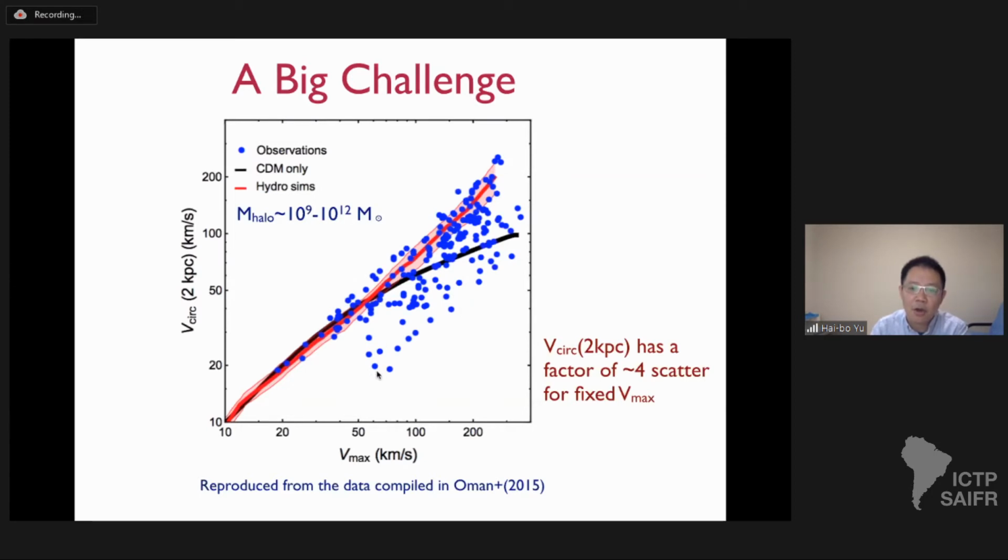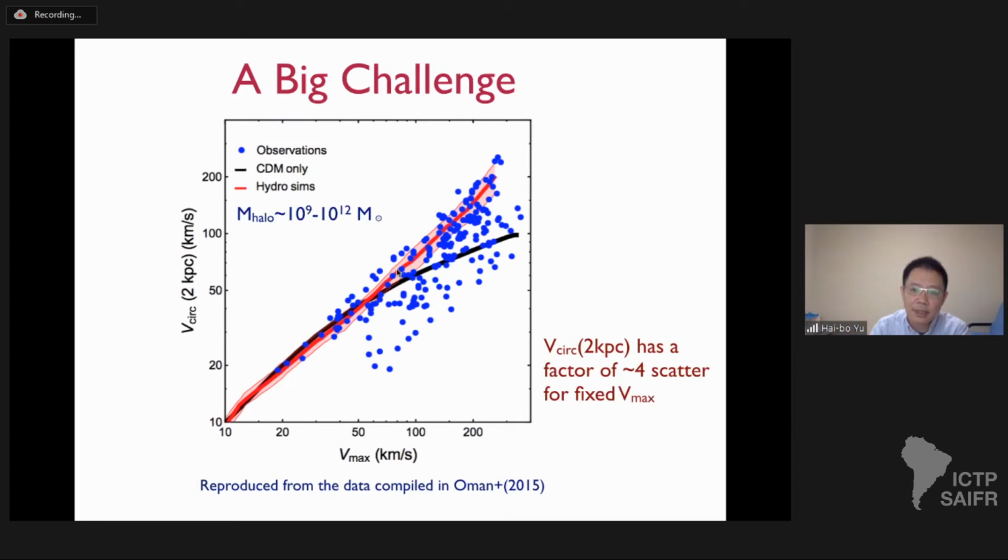For a given Vmax, the galaxies should have the same halo masses, but the spread in the central region is a factor of 4, and this diversity goes all the way up to very high mass galaxies. The black curve shows the median of the CDM simulations without baryons, and the red one with baryons.